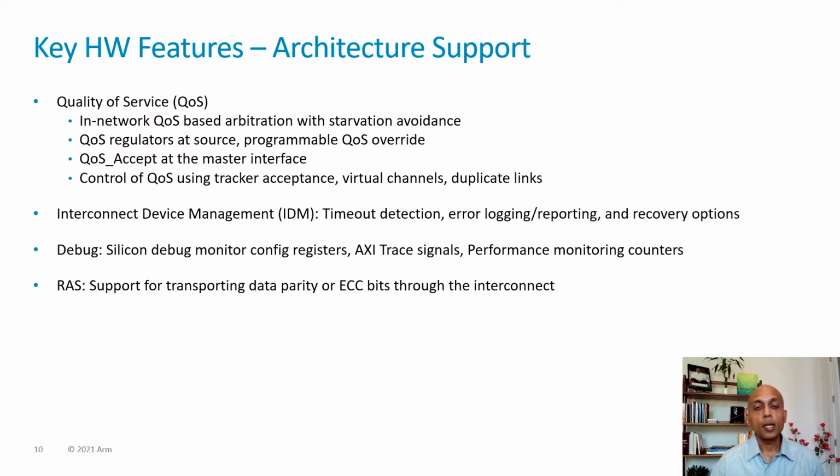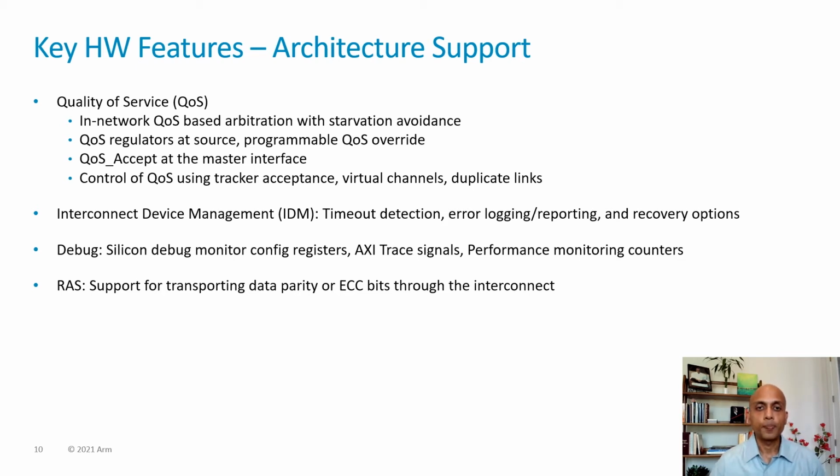And it has in-network QoS-based arbitration. We have QoS regulators at the source to be able to tune the bandwidth and/or the quality of service. We have support for QoS accept at the master network interface. And finally, you can have secondary control over quality of service just using your tracker capacities, your virtual channels, duplicate links, etc.